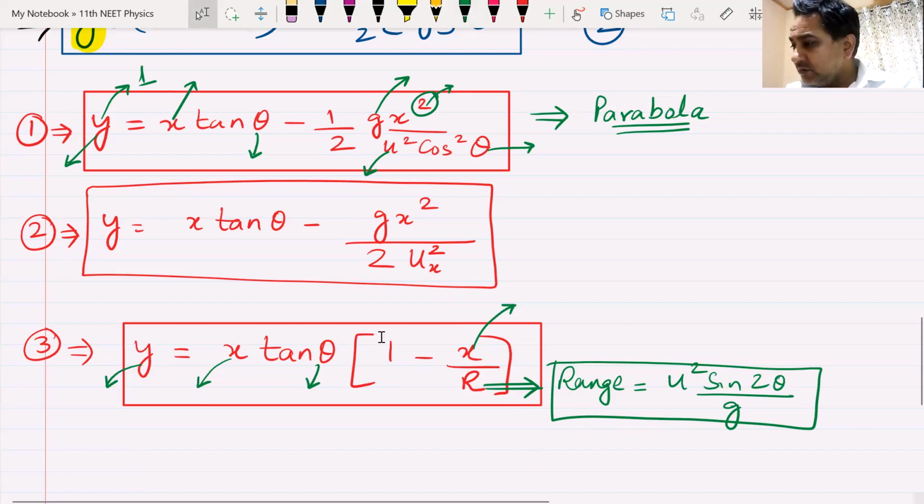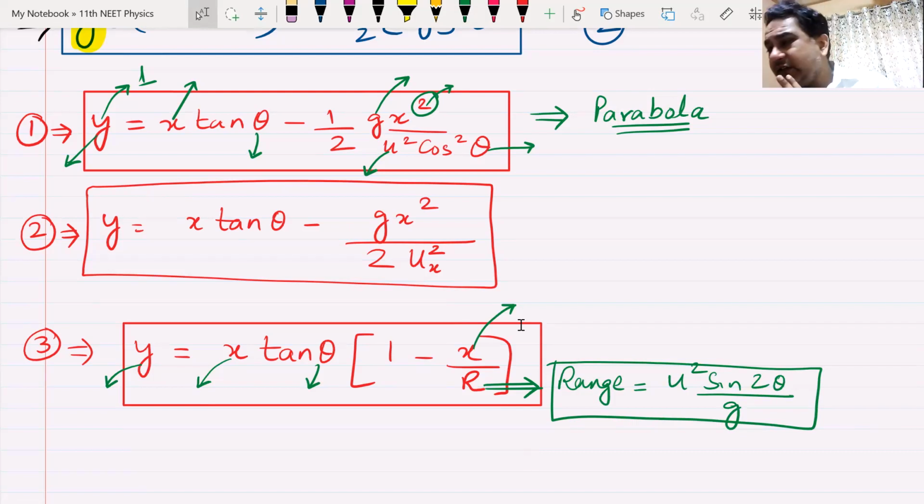Am I clear? Is there any doubt in anyone's mind? This equation represents the path of the particle, the path of the projectile, and hence this is known as the equation of trajectory of the projectile. y is equal to x tan theta minus half g x squared by u squared cos squared theta. u cos theta can be written as u x, so you can write u x squared in place of u squared cos squared theta.